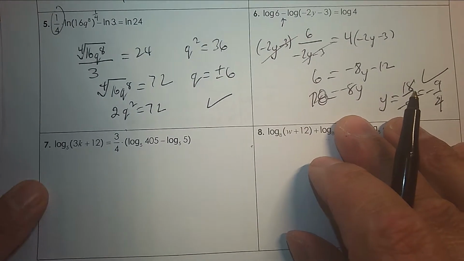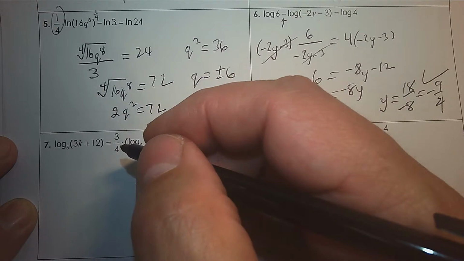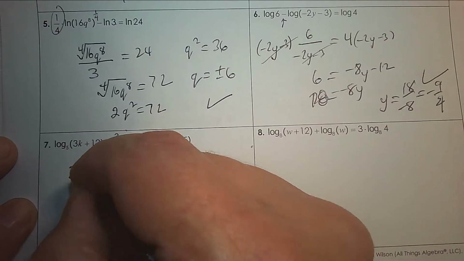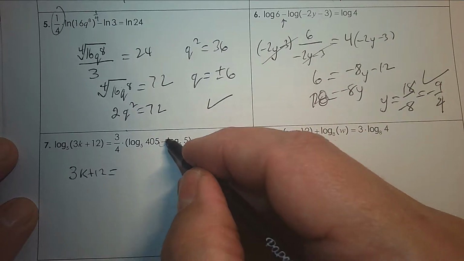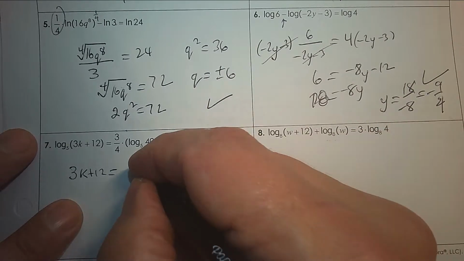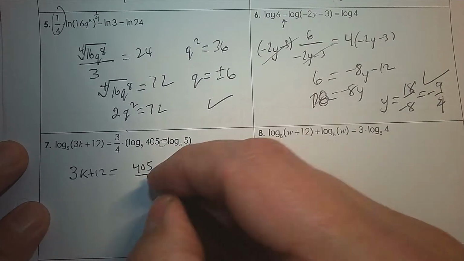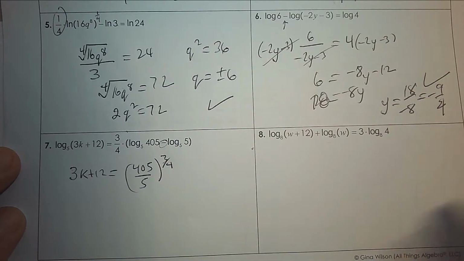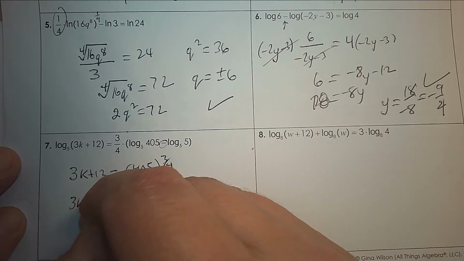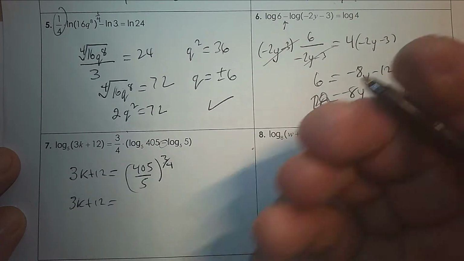Number 7, we have that base, so it's 3x plus 12. For this, remember subtracting means we are dividing, and then that's all to the exponent 3/4. So we have a little work to do on the right side. So 5 goes into 405 evenly.